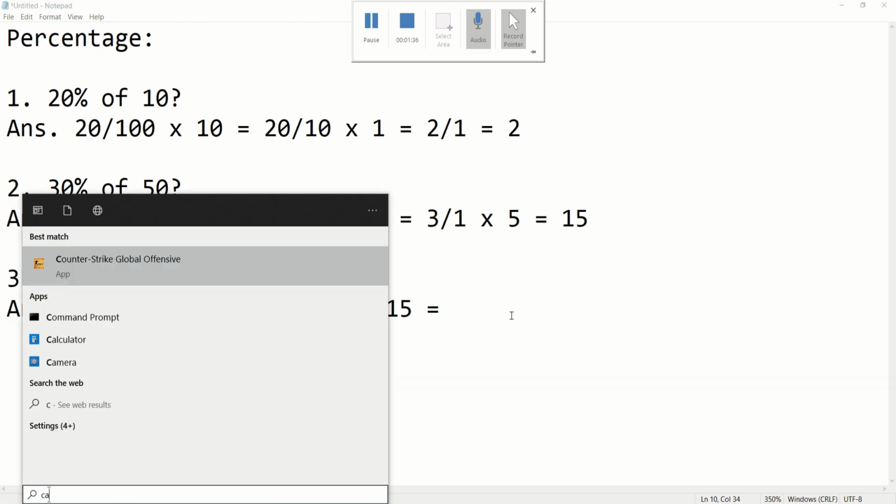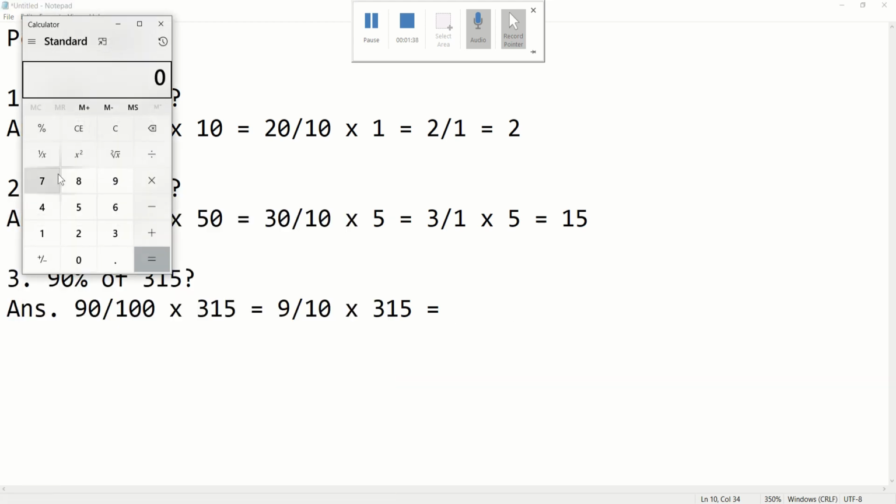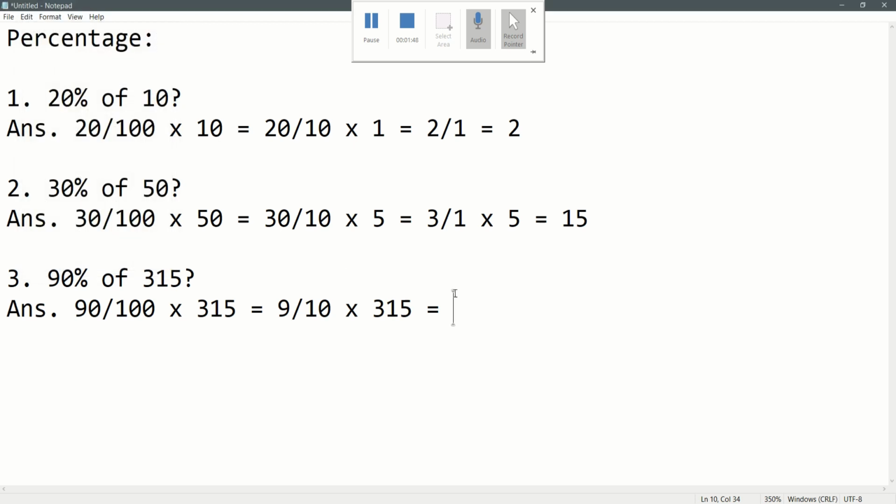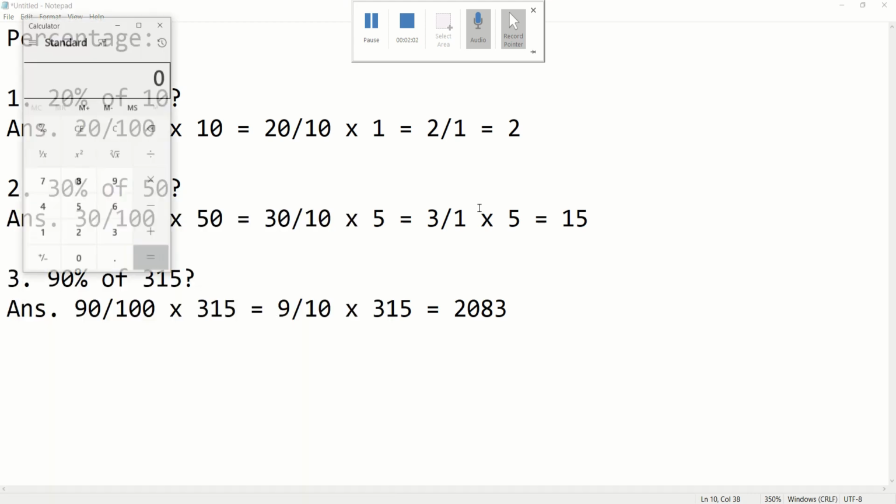So we'll be using the calculator so that my answer is perfect. 9 multiplied by 315, so the answer is 2835. I know it's quite big. Okay, so over here we will be writing it. I hope I have written it correctly.